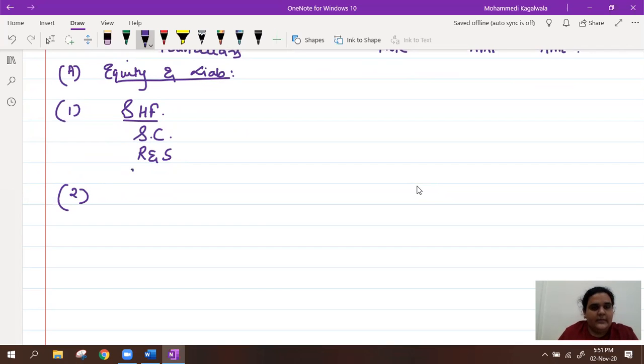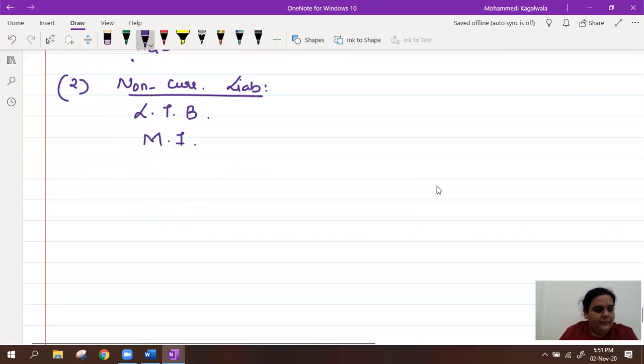Otherwise you can take it separately. Non-current liabilities में तुम्हें तो बनाना नहीं है, सिर्फ मैं बता रही हूँ. You have long-term borrowings and you will have minority interest here. And the third one will be current liabilities.